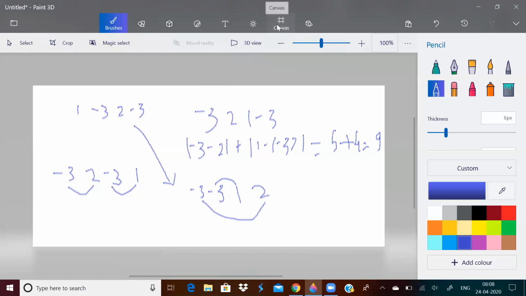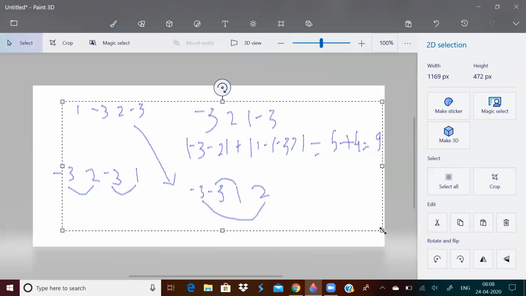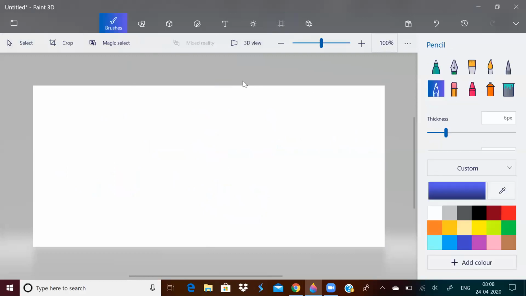Let us take one more example to get some clarity. Suppose we have this array: minus 5, 4, 1, 2, minus 1, and say minus 4.